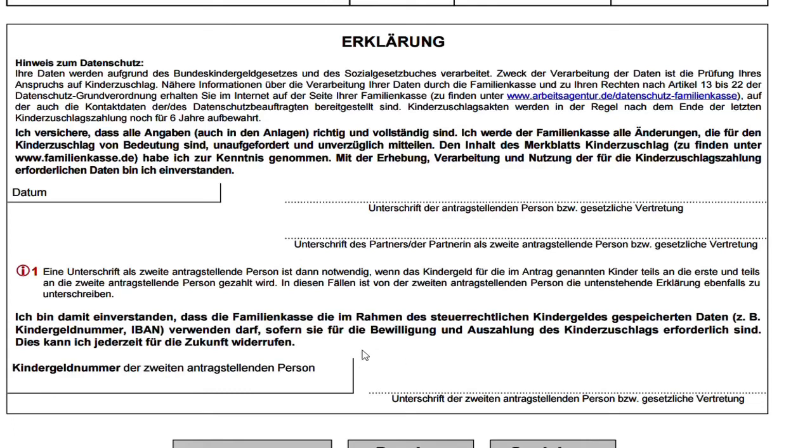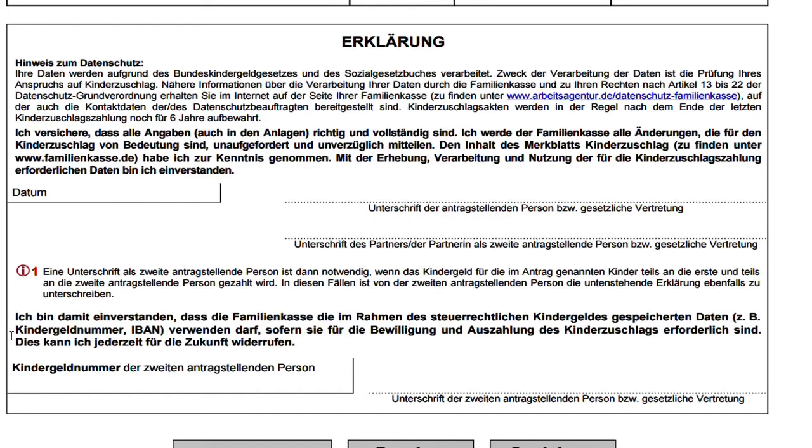In addition, the second applicant also agrees, based on this paragraph, that the Familienkasse can use his or her information such as Kindergeld number or child benefit number and IBAN number of the bank account of him or her only if they are necessary for the approval and payment of the child allowance or Kinderzuschlag.